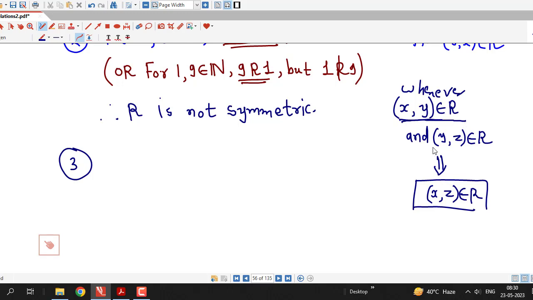Now if we cannot find any two ordered pairs of this type, then the relation is transitive.